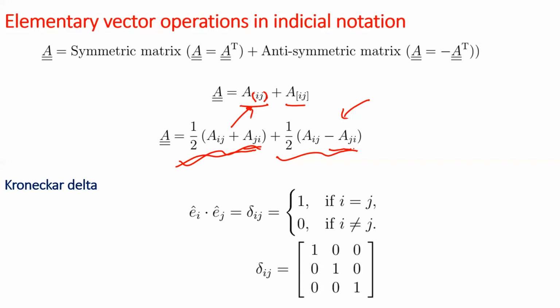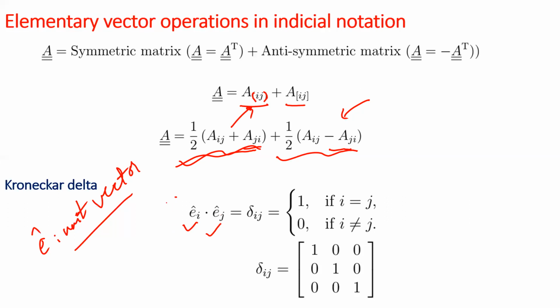Kronecker delta. We all know what Kronecker delta is, which is delta ij is 1 if i and j are the same, and it is 0 if i not equals j. So for us, we have been using e cap to represent a unit vector, right? So e_i and e_j are two unit vectors in a particular Cartesian coordinate system.